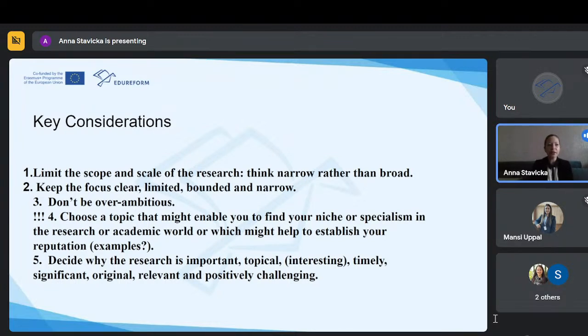Yes, we can't cover everything, and it is valuable if you narrow down your topic, but look through it from all the perspectives. Keep the focus clear, limited, bounded, and narrow.